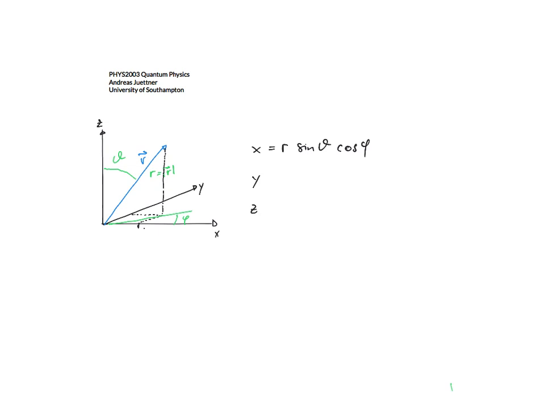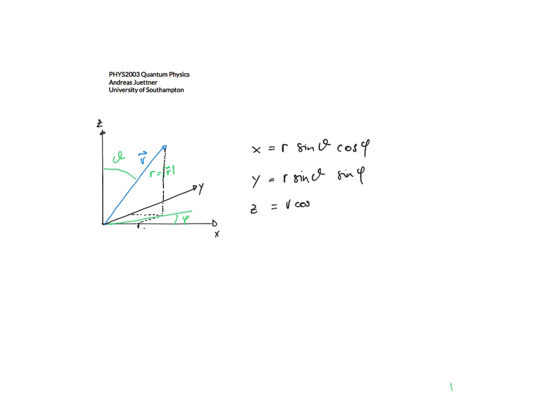And with exactly the same argument we can write down that y is r times sine theta times sine phi. So the first projection is as before, the length is projected on this green line here, but now I project against the y-axis, and therefore I have a sine phi here. And the last one, z, is r times the cosine of theta.